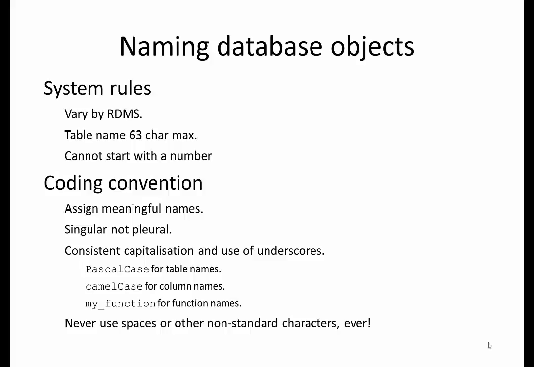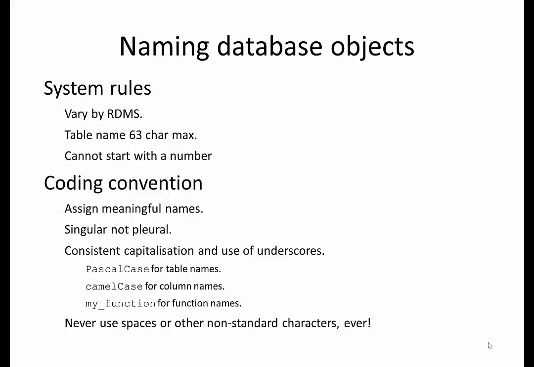Don't call it table 1, table 2, table 3, table 4, table 5, column 1, column 2, column 3. You'll soon get confused and lost. And anybody else looking at the database will not have a Scooby what you're doing. So use meaningful names. There's a general convention that table names and field names should generally be in the singular, not the plural.